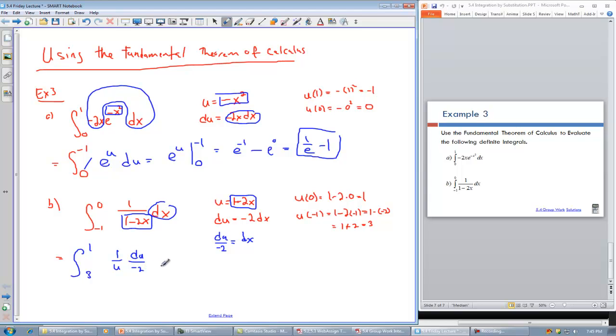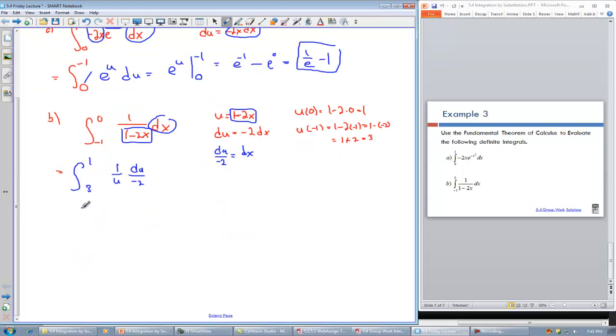And so this is equal to then the integral from 3 to 1, and I'll pull out the 1 over negative 2, 1 over u du, and I can integrate 1 over u, it's one of my 4 types. This is equal to minus 1 over 2 ln absolute value of u.